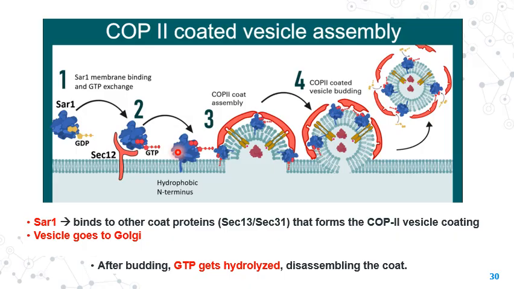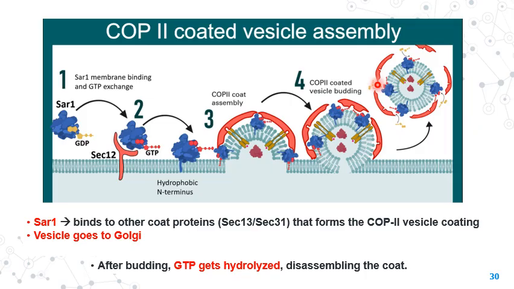So what happens here? You have still this protein here that was activated by GTP and is allowing the interaction of those Sec coating proteins, right? But this guy here is a GTPase, so it's going to hydrolyze the GTP. Once the GTP is hydrolyzed, the coating proteins are going to be dissociated.